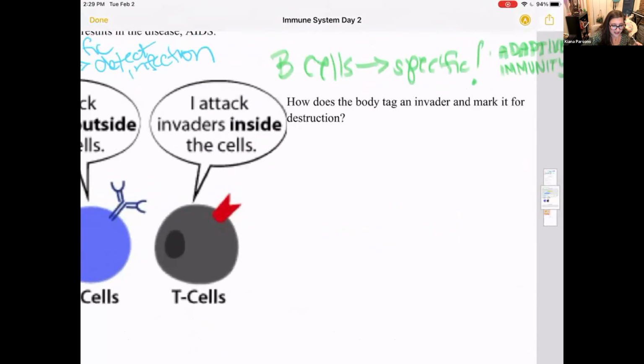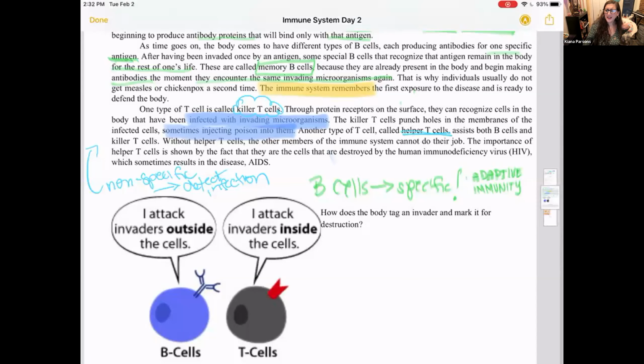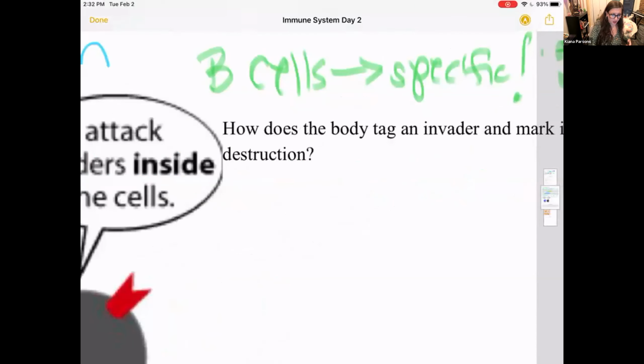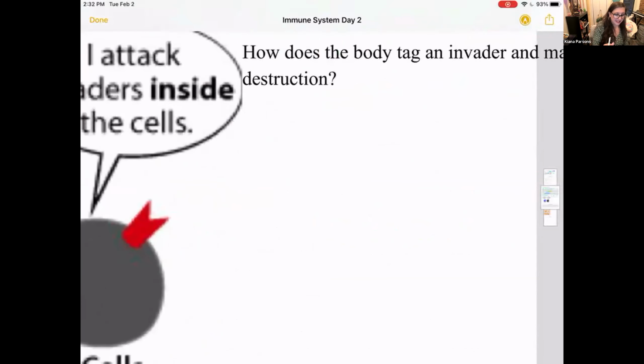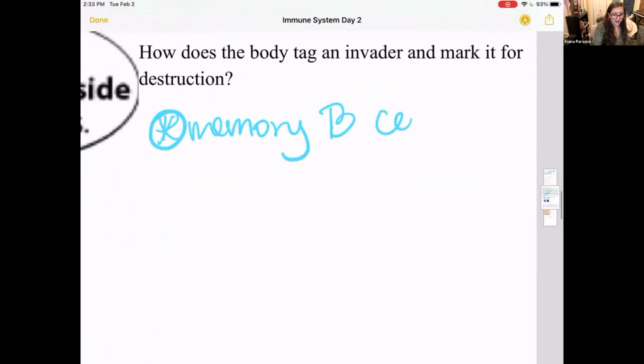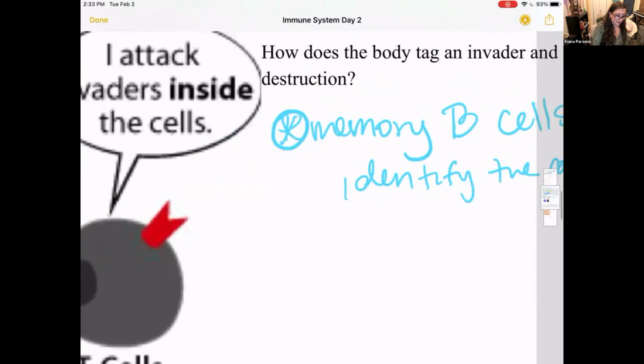So how does the body tag an invader and mark it for destruction? Well, there's two parts to this, right? We've got those memory B cells. The memory B cells identify the pathogen, right? And they do this by recognizing the antigens on the outside.